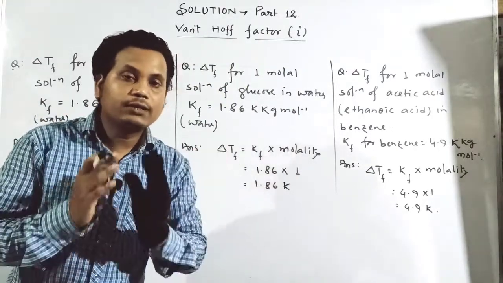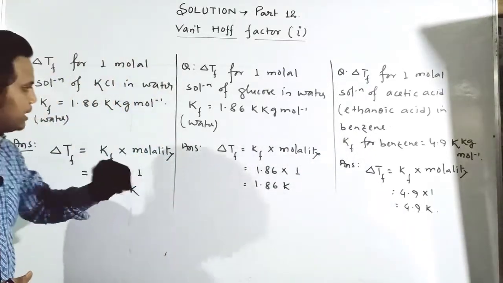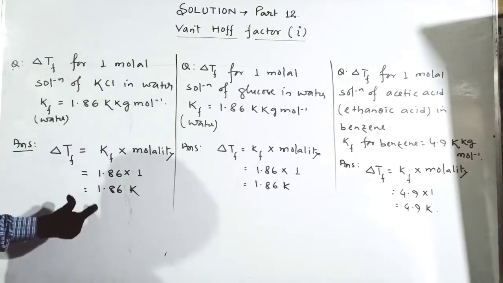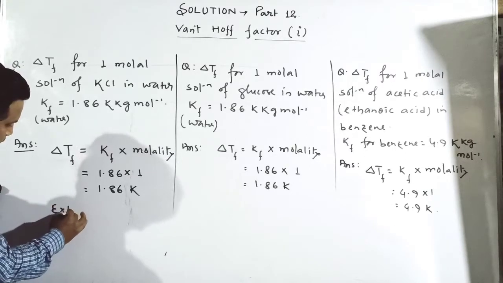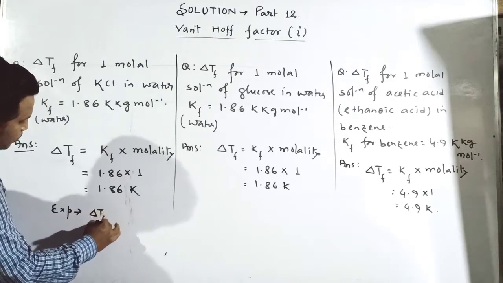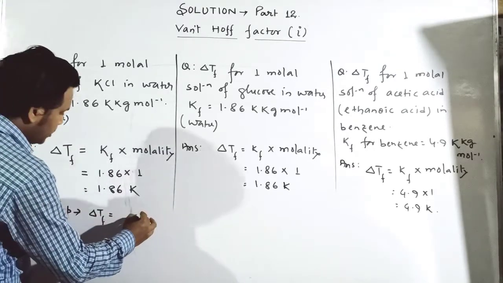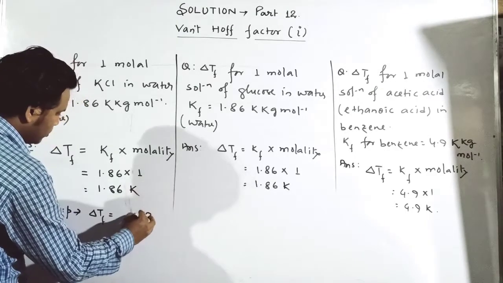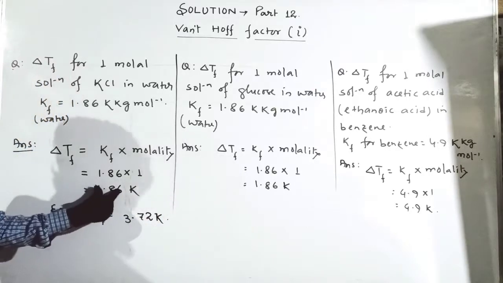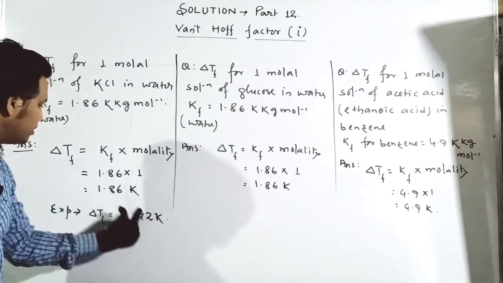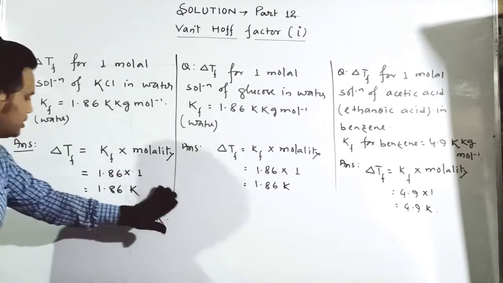Now when it was examined experimentally, in the first case it was found that del Tf was 3.72 Kelvin, means double of this, so this is wrong.